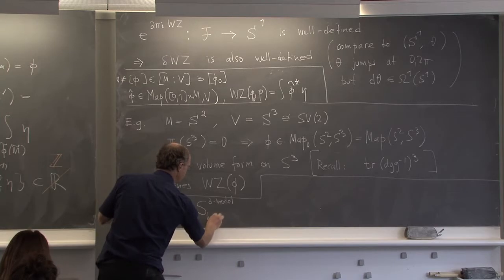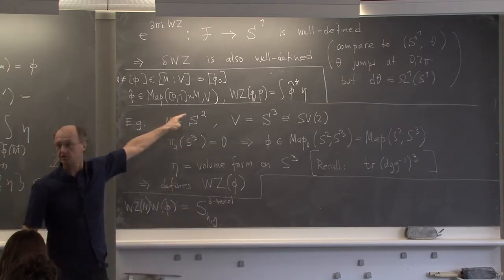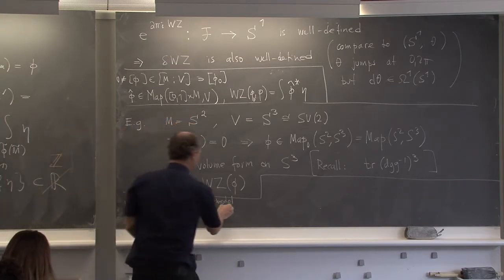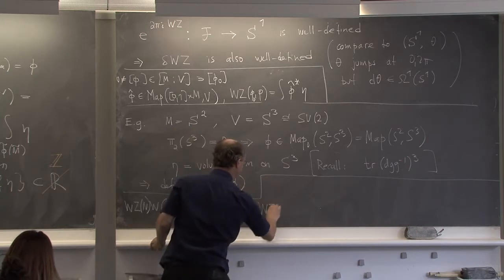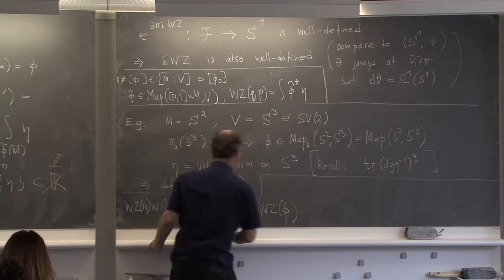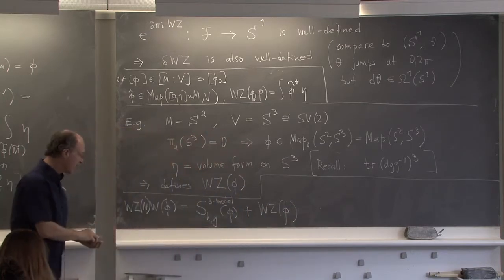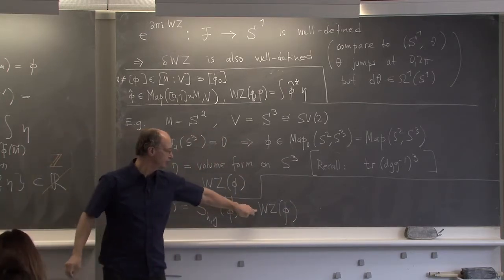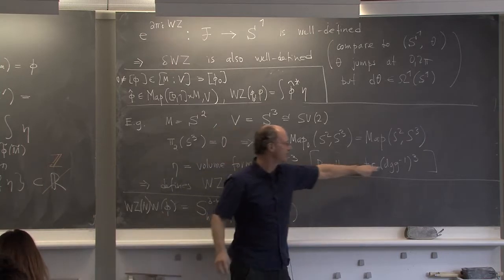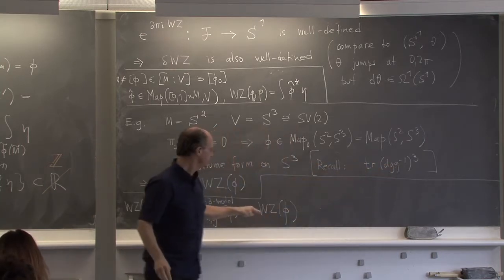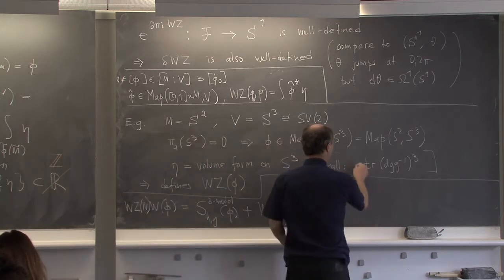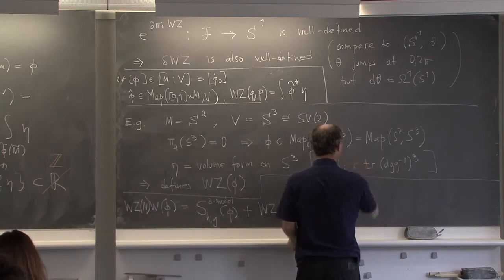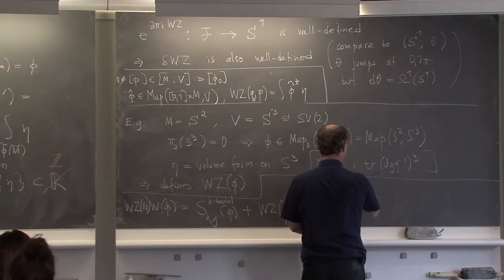So h, g, the most standard metrics on S2 and S3, plus you add Wess-Zumino of phi. In principle, it depends on the normalization of this form. You can either change a coefficient here, or you can add some coefficient C here.